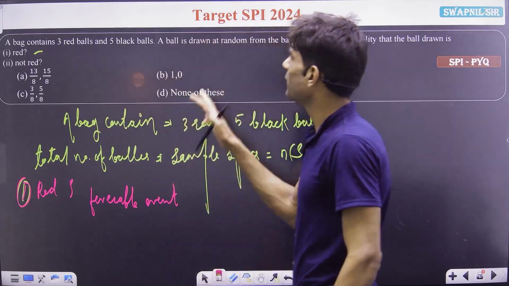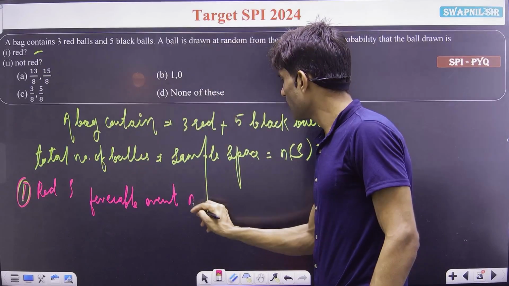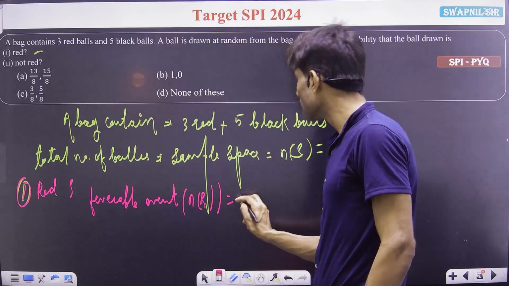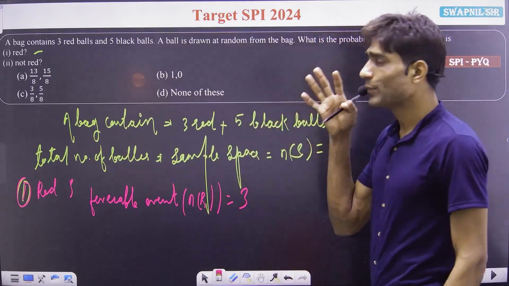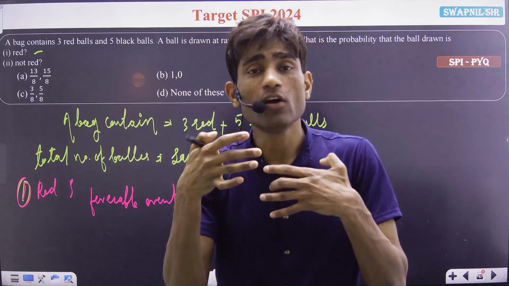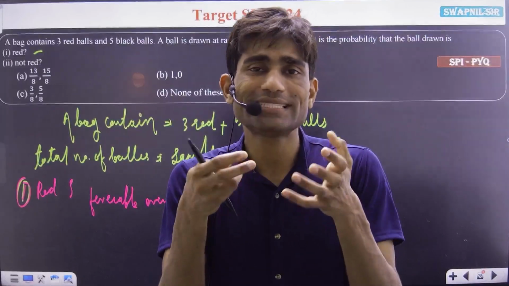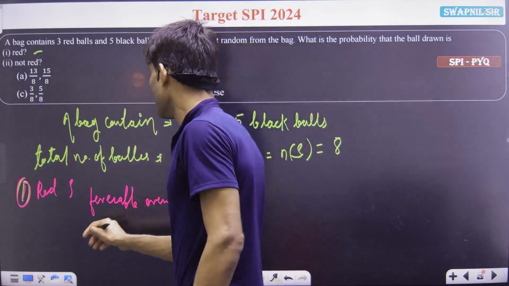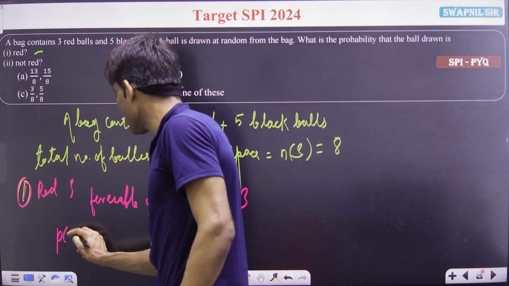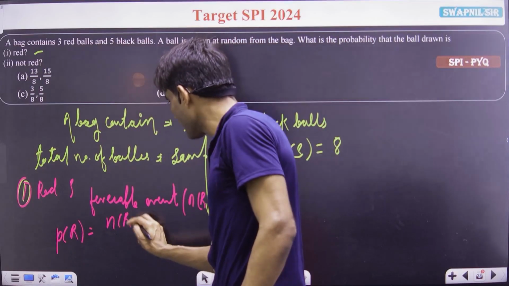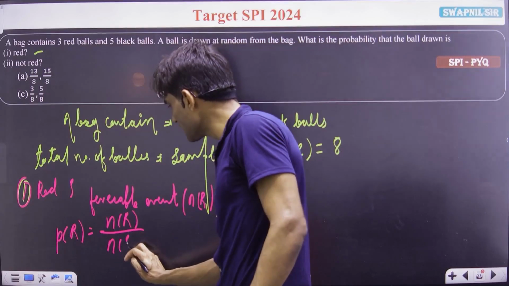What is the favorable event? The number of red balls, the number of elements in R, which is 3 here. So the probability for a red ball is the number of elements in the red set divided by the number of elements in our sample space.